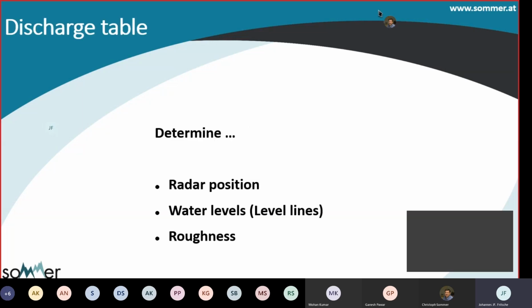So we need to know for which water level we have which cross-sectional area. And for this we need to determine the radar position, the position of the RQ system. We need to know the water levels or the water level lines. I will show you in a minute what that is. And we need to specify the roughness of our riverbed or of our channel bed.